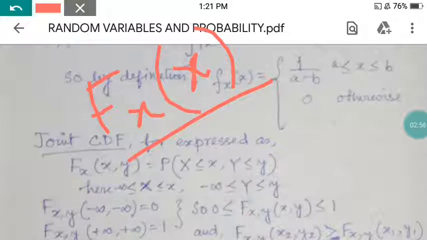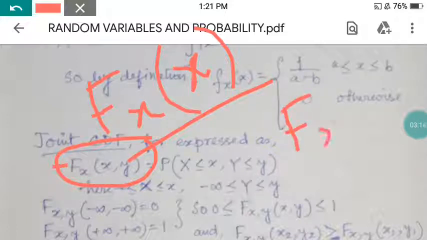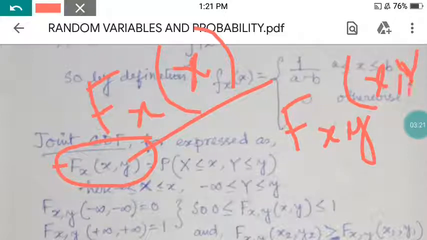So instead of writing F of x, we should write F of XY of x comma y. In this way, it represents the joint CDF.